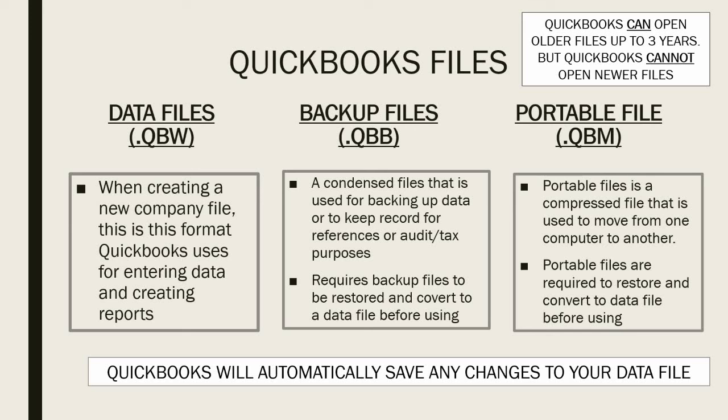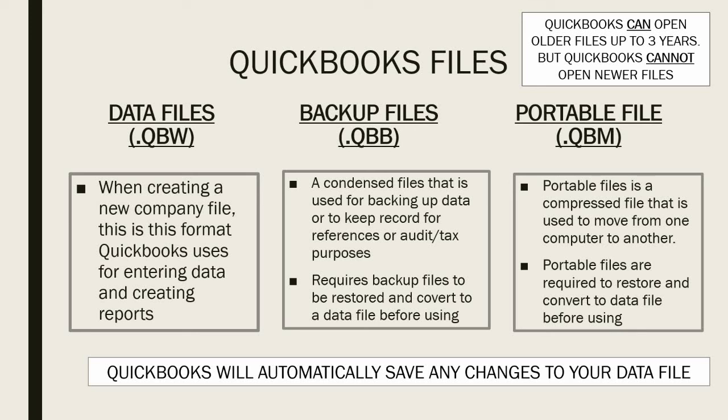The other 2 files, okay, let's talk about the backup first. A company backup file is going to be a copy of the working data file that you use in case of emergencies where your working data file becomes corrupted or gets lost or won't open up anymore, okay?